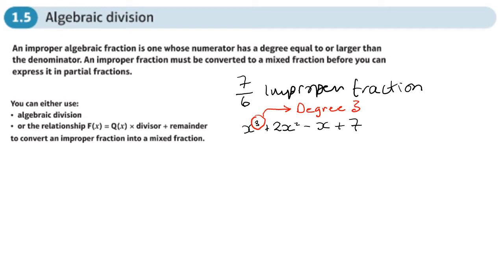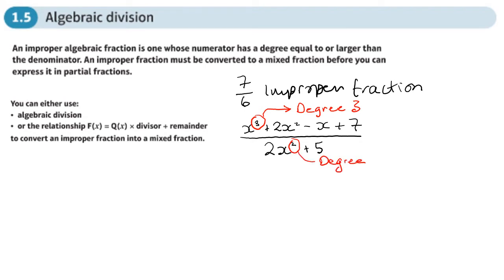Okay, here's another algebraic expression. So let's say I had 2x squared plus 5. Okay, so this at the bottom, its degree is 2.